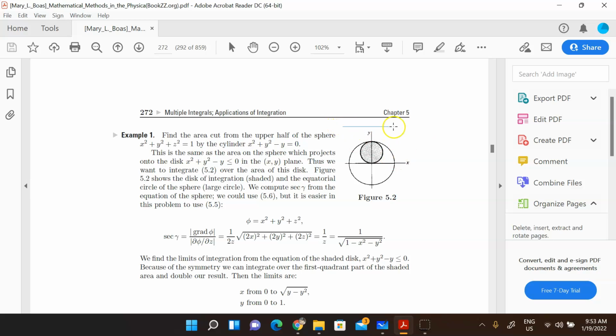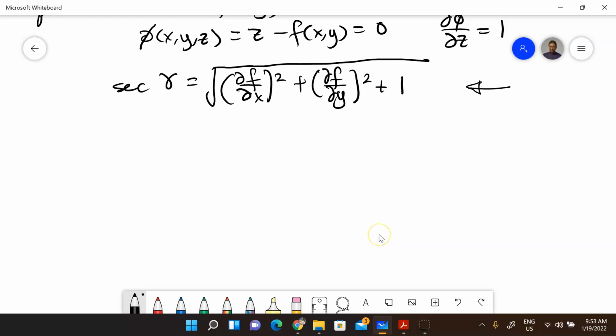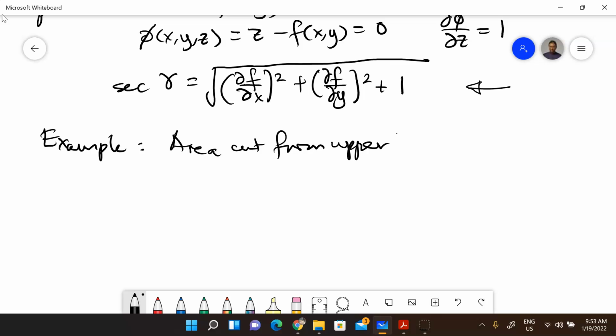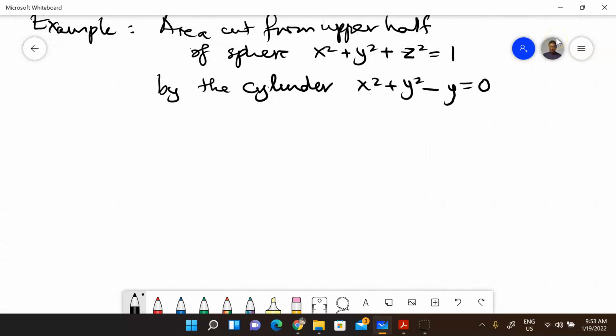So here's an example of area cut from the upper half of the sphere, which is given by x squared plus y squared plus z squared equals 1, by the cylinder x squared plus y squared minus y equals 0.